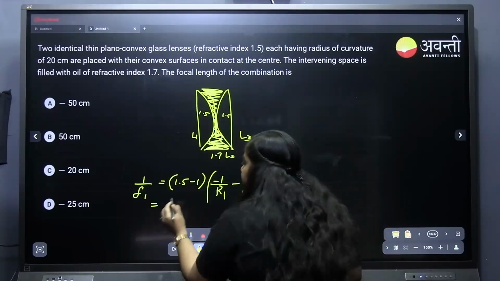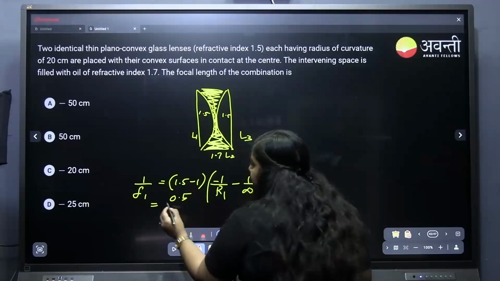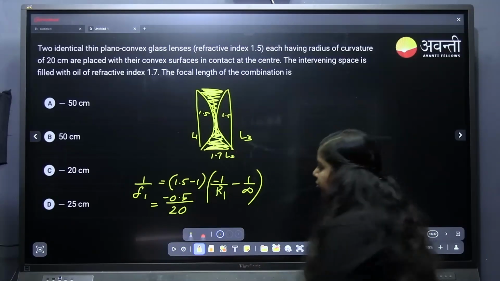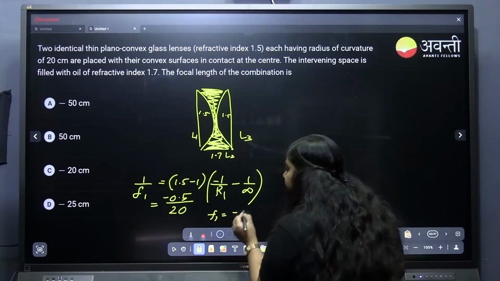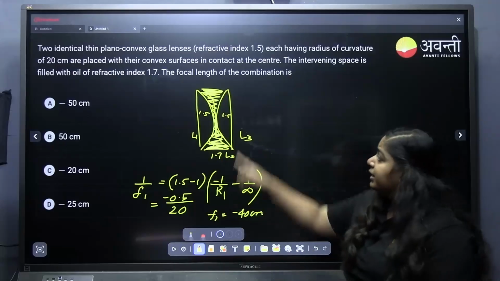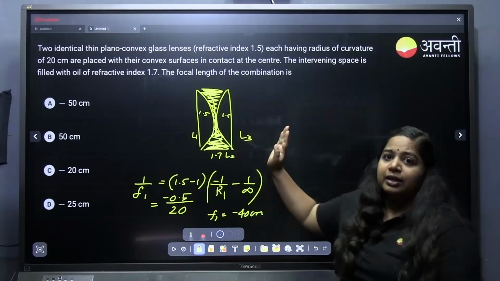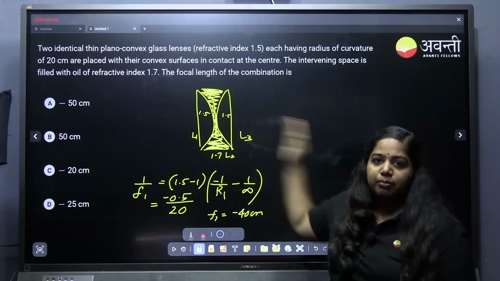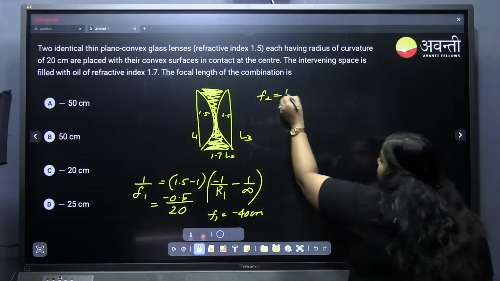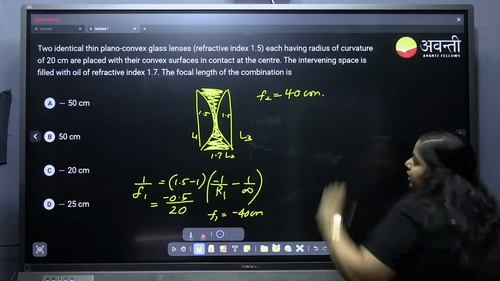This will be 0.5 divided by 20. So f1 we will get as minus 40 centimeter. Similarly, for the next one, this will also be 40 centimeter but in the other direction. So f2 we will get as 40 centimeter.